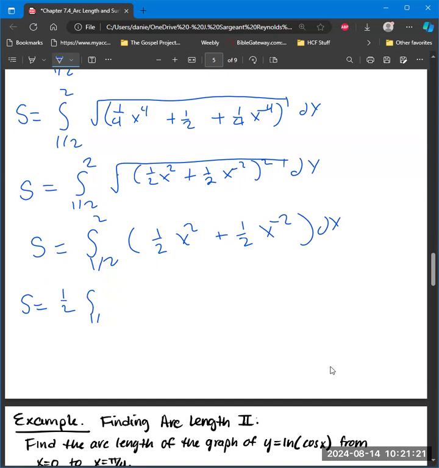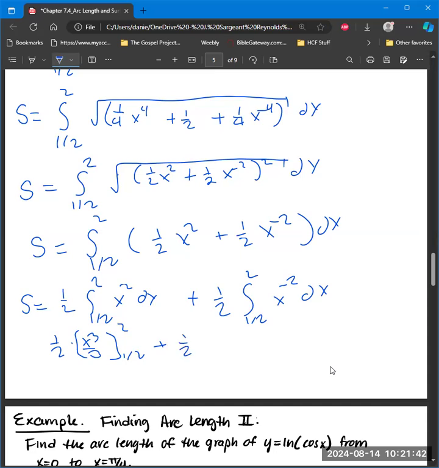We have 1/2 to 2 of x squared dx plus 1/2 to 2 of x to the negative second dx: 1/6 of x cubed over 3... that is, the antiderivative of x squared is x cubed over 3 from 1/2 to 2, plus 1/2 of x to the negative first over negative 1 from 1/2 to 2.